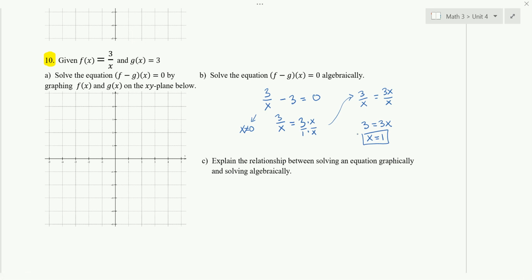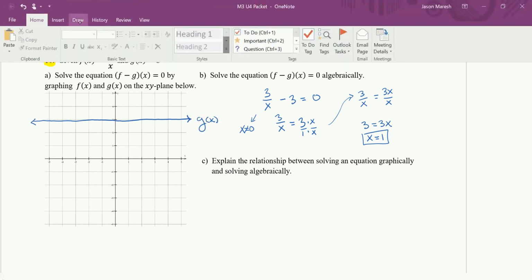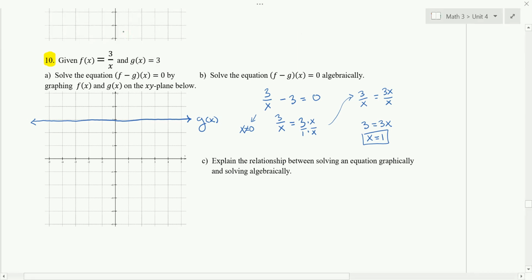Now graphing, g of x equals 3 is a horizontal line at height 3. So there's g of x. f of x is 3 over x. So this is in the form of the parent graph, with a vertical asymptote along the y-axis and a horizontal asymptote along the x-axis.